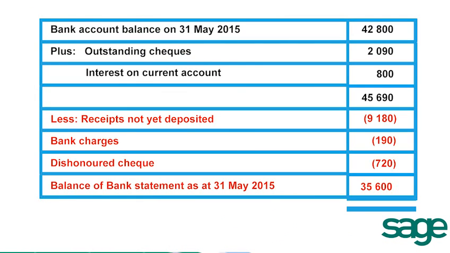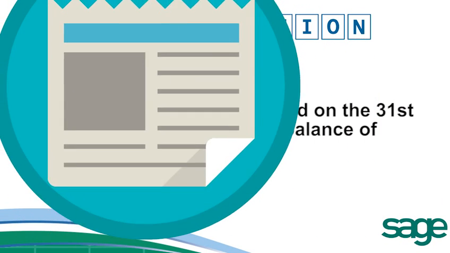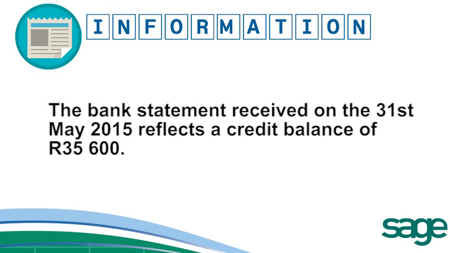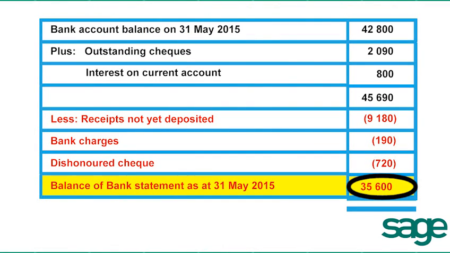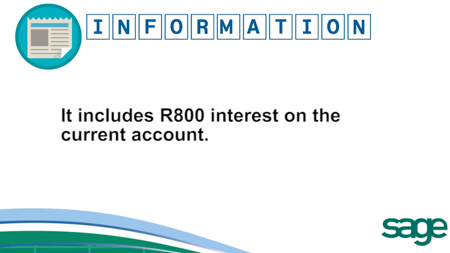Let's check the information first. And as we check the information, we're going to consider the reconciliation statement that was drawn up by the cashier. The bank statement received from the bank on the 31st May 2015 reflects a credit balance of $35,600. So the balance as per bank statement, there it is, $35,600. It's 100% correct. This balance includes interest on the current account.